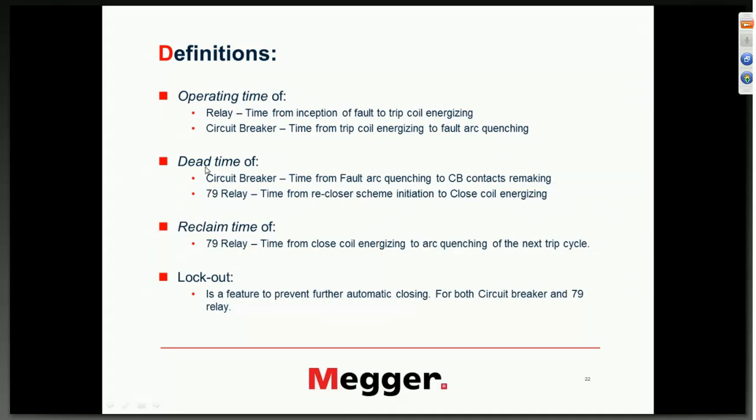So the dead time of the circuit breaker means the time from the fault arc quenching to the circuit breaker remaking, which means from the arc quenching or from the opening to the closing of the circuit breaker. The dead time of the 79 relay or the 79 function means the time from recloser scheme initiation to the close coil energization.